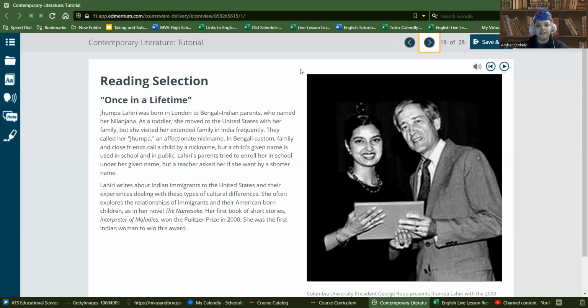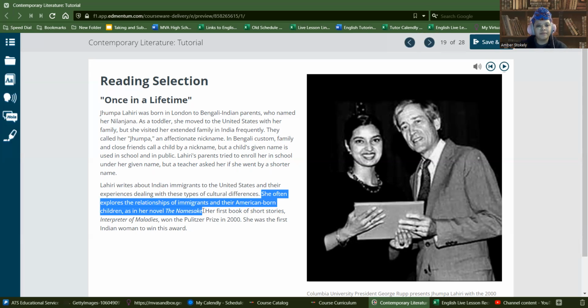So she writes about Indian immigrants to the US and their experiences dealing with these kinds of cultural differences. That slips a lot into her work because that's what she's experienced. And she tends to explore the relationships of immigrants and their American-born children, just like in her novel, The Namesake. So they give you a little more information about her.